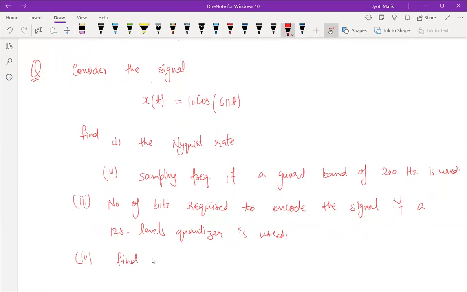Find the step size of the quantizer. And also find the maximum possible quantization error.